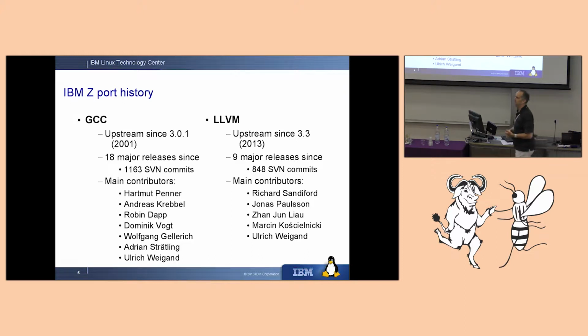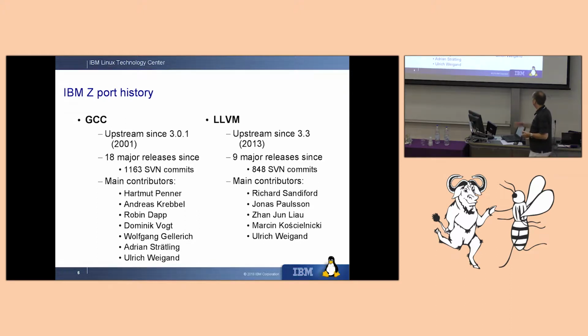Unfortunately, we don't tend to get a lot of contributions from non-IBMers to the IBM Z backend because, well, the machines are too heavy. Most people don't have one of those in their basement. So I listed the main contributors.